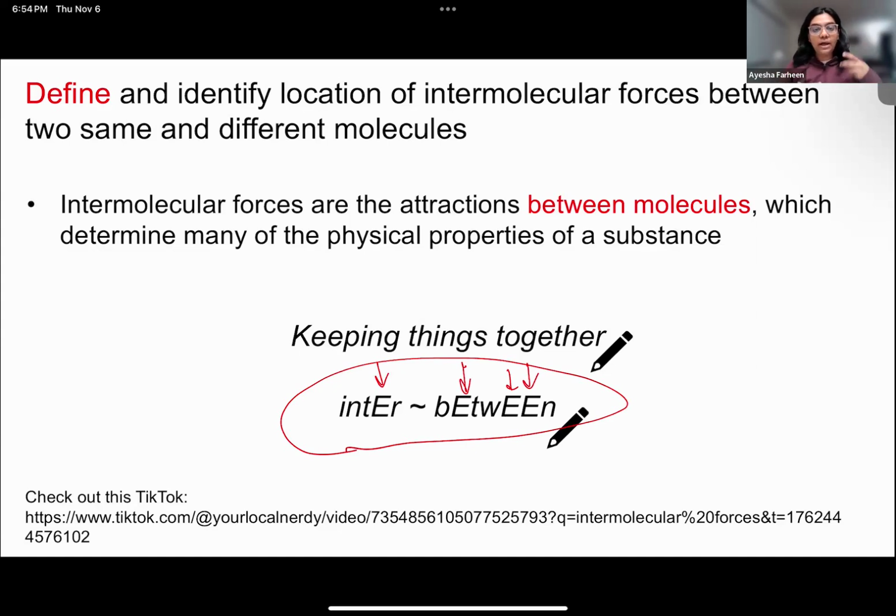We're going to talk a little bit about ionic and covalent bonding when we do our collaborative session together, and I'm going to ask you to differentiate how intermolecular forces, which are between molecules, are different than those intra, which is ionic and covalent, etc. Also, I found the TikTok video, so make sure to check it out.